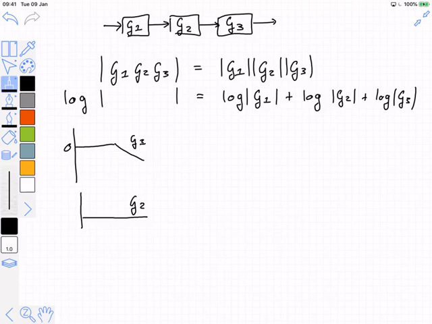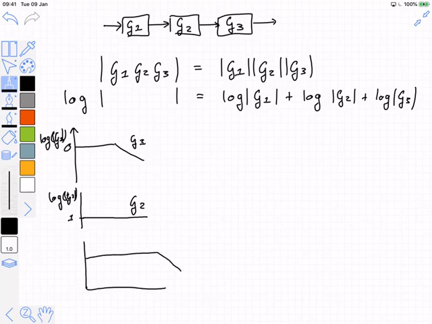So remember that the value 1 has a log of 0. So when I say 0 like this, I'm usually talking about log G1. And if I have log G2 over here, magnitude, log of the magnitude, and if I have something like that, and let's say that thing has a gain of 10, say. So that the log there is 1. And I have another gain over here, and that looks like that.